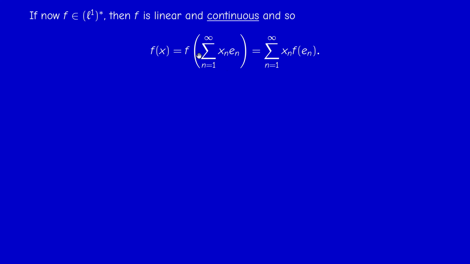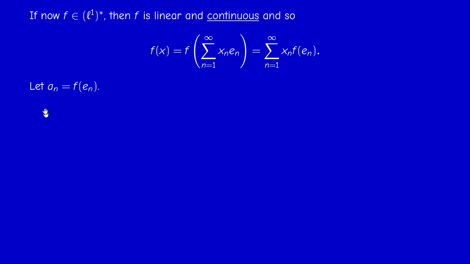So it's the series of f of xn en. By linearity, I can put xn outside because it's a real number. So this is just the series whose general term is xn f of en. Now this is a series of real numbers: xn is real and f of en is real, but f is in the dual space.